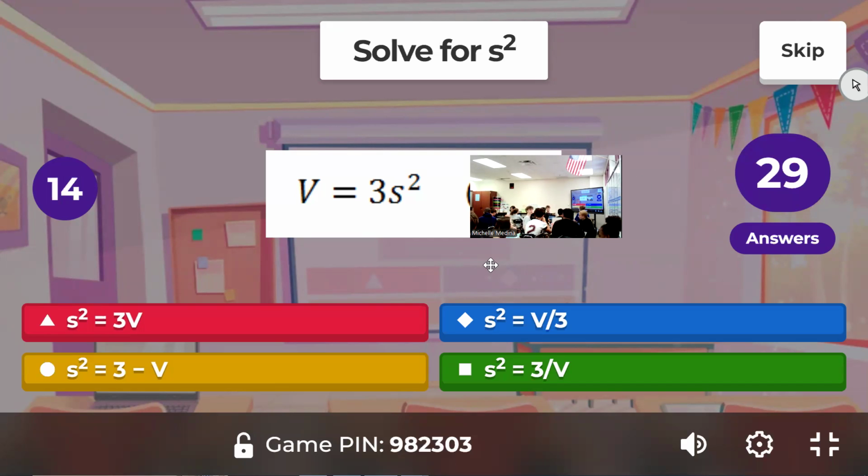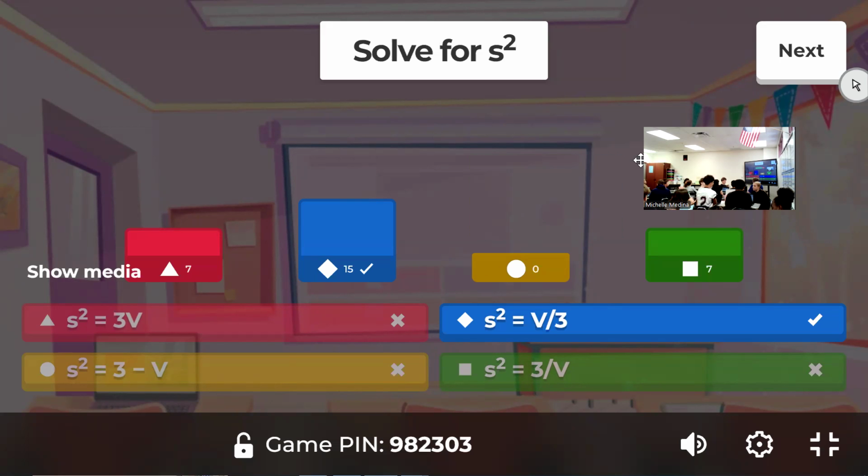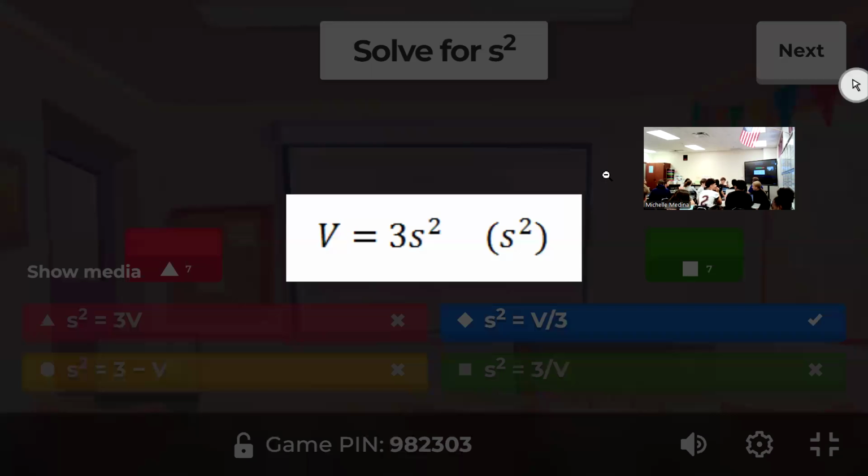So we are solving for S squared. Okay, so better accuracy. When they're saying to solve for S squared, what do we want that S squared to be? Alone on one side of the equal sign. So everything else around the S squared needs to go away. And you do that by canceling it out.